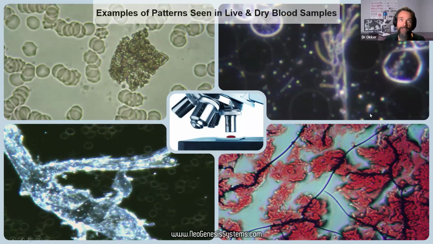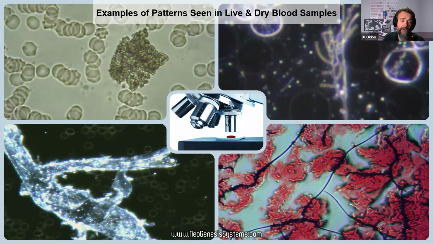So these are just some examples of things we typically see in live blood analysis. Now, although it's referred to as live blood analysis, we actually work with two separate samples. The first one is the live sample that's prepared from a drop of blood placed on a slide with a little cover slip on top of it.